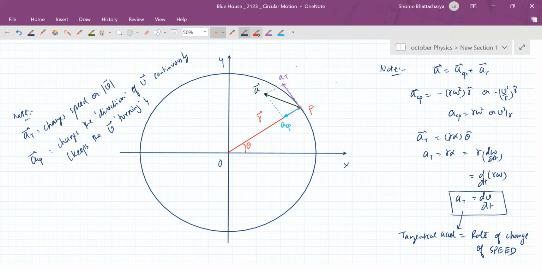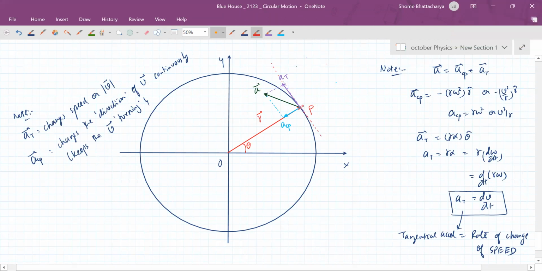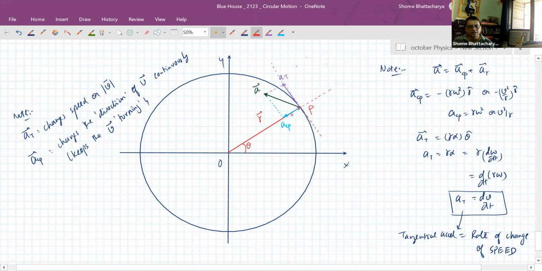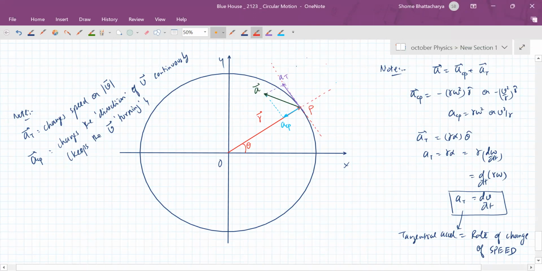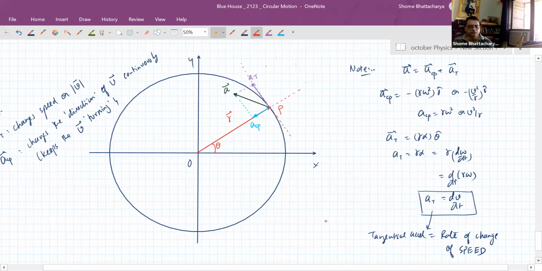Theta cap is the tangential unit vector. It's the unit vector in this direction along the tangent. Understood? And the radial unit vector is this one, r cap. So minus r cap is pointing towards the center. Clear?